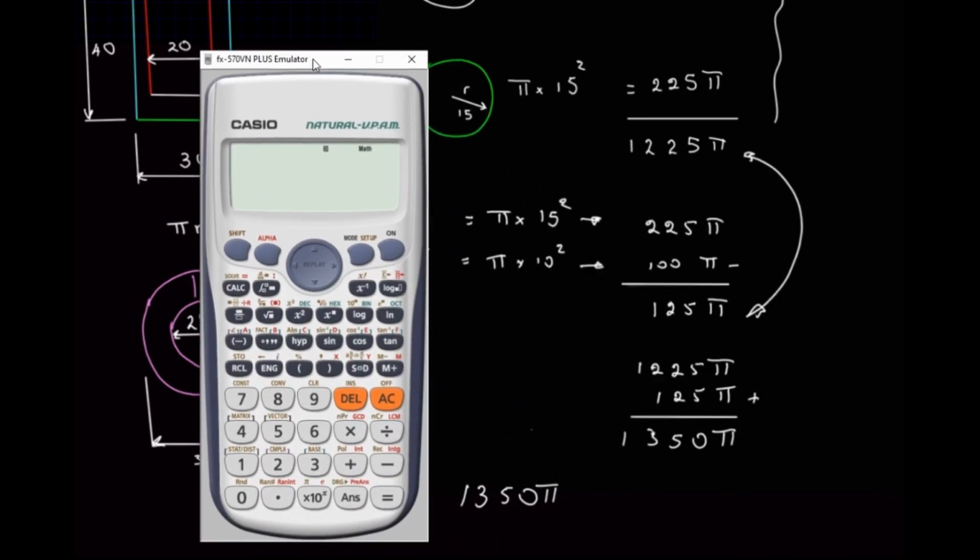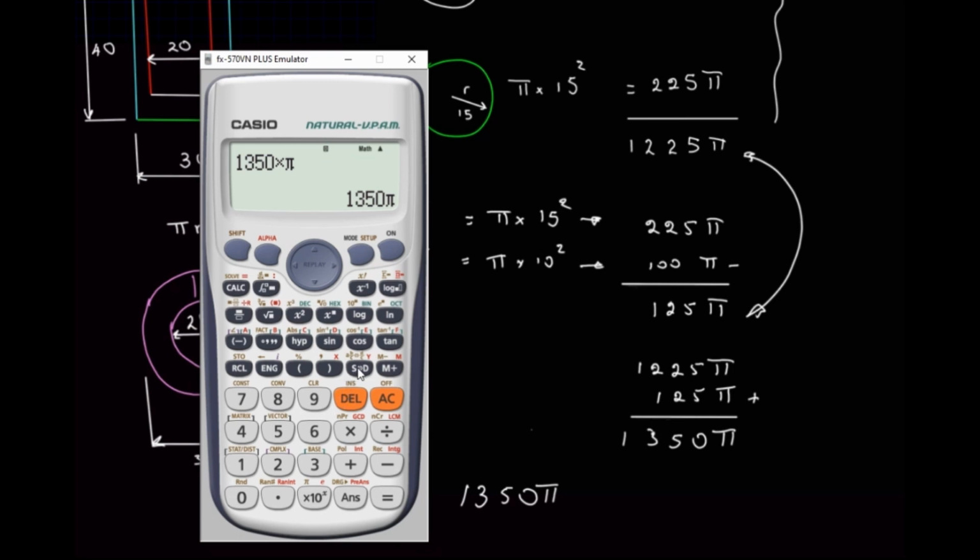Now if you want to convert that to decimals, we can go for 3 decimal places. We have 1350 times pi. The pi in here is brown, so we do the brown, the shift to get the pi. Now that gives me that.